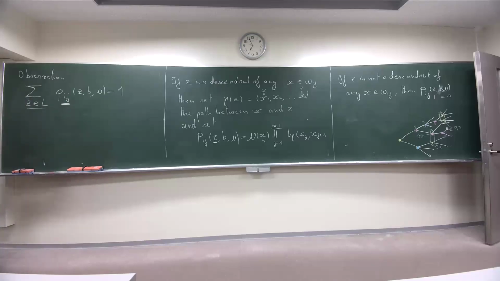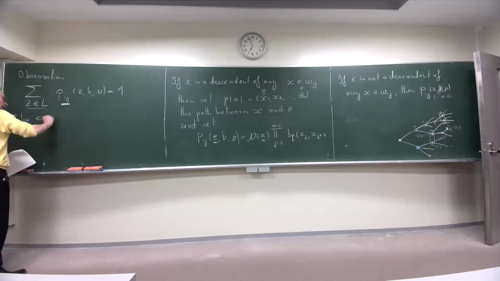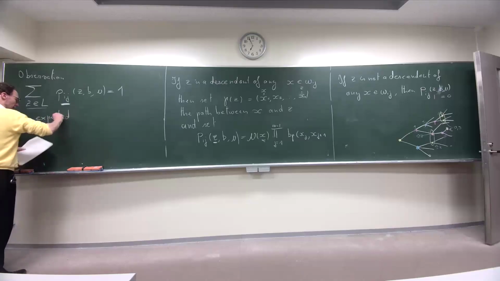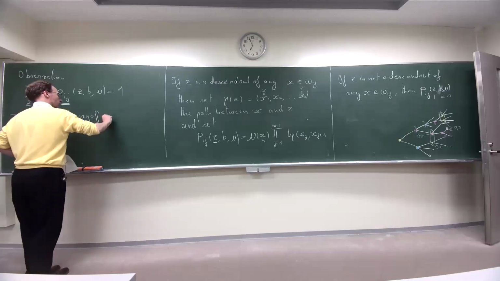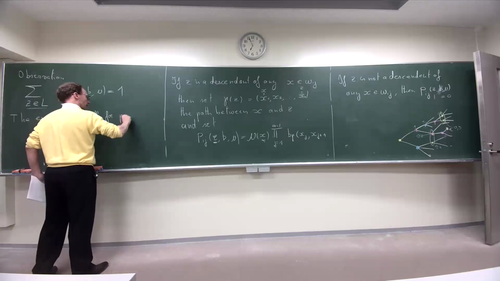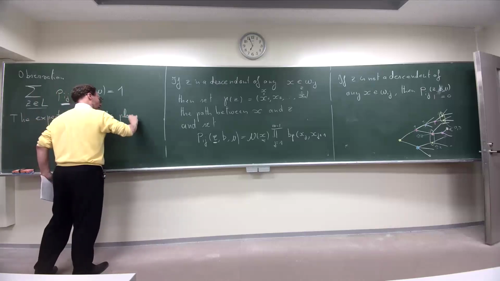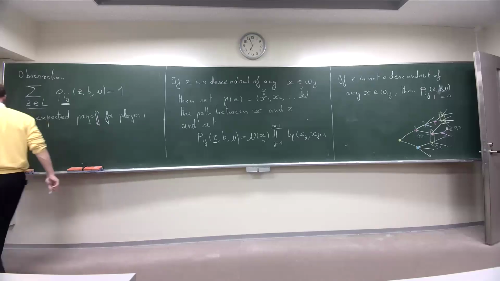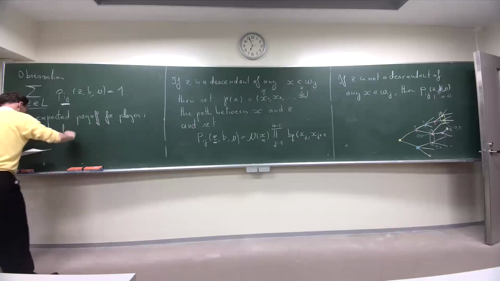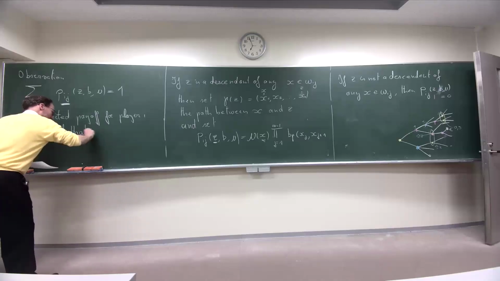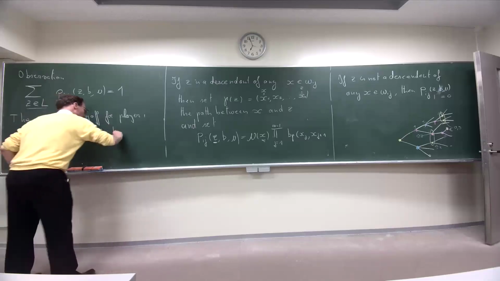Okay. And now the expected payoff. So the expected payoff for player I, conditional on the fact that precisely omega ij has been reached.